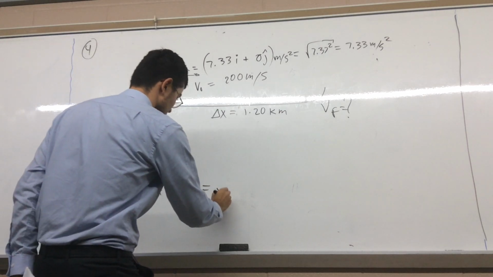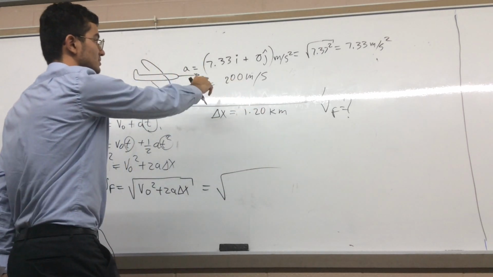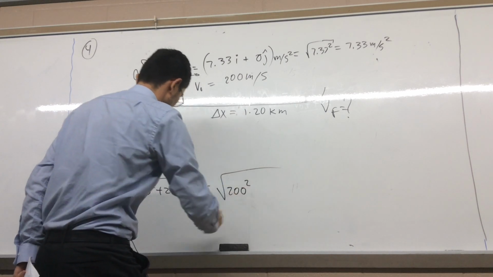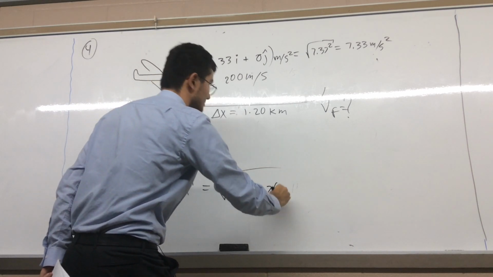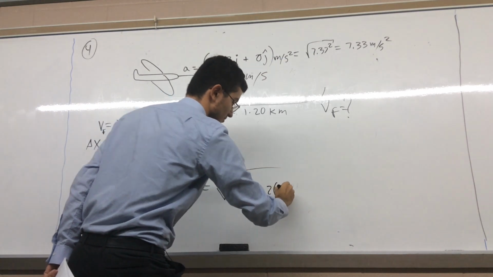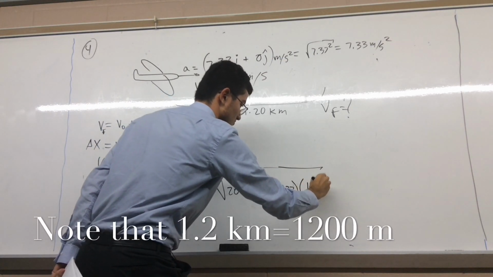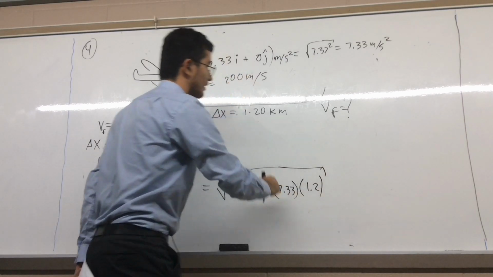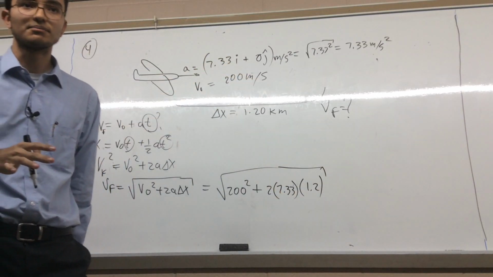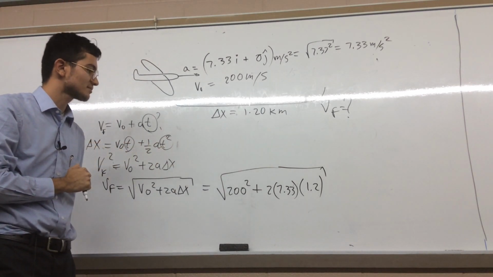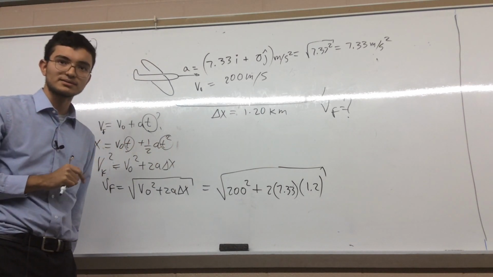So that's going to be the square root of the initial velocity, which was 200 meters per second, squared, plus 2 times the acceleration, which is 7.33, and then multiply by the change in distance, 1.2 kilometers. All the units are in the metric system, so those are the right units. MKS units, I think is what they call it.